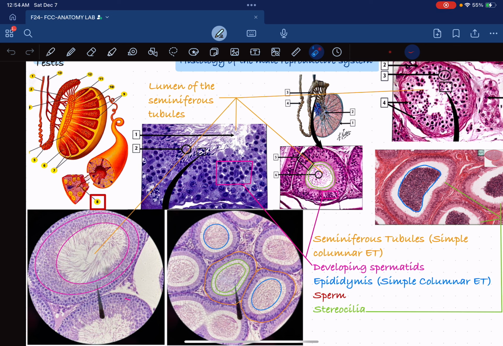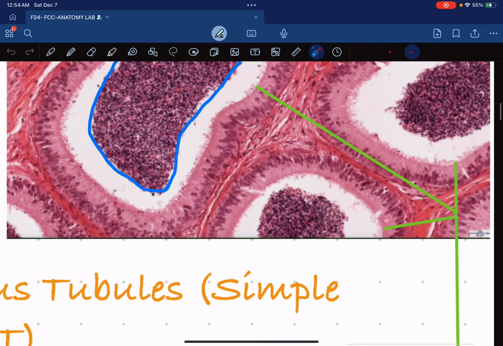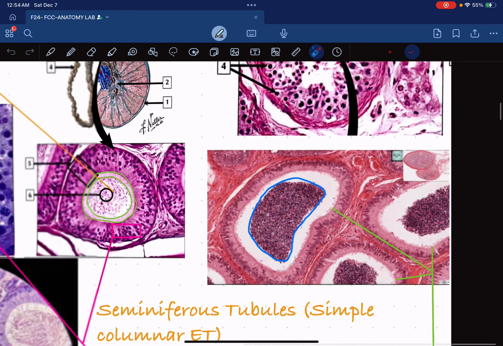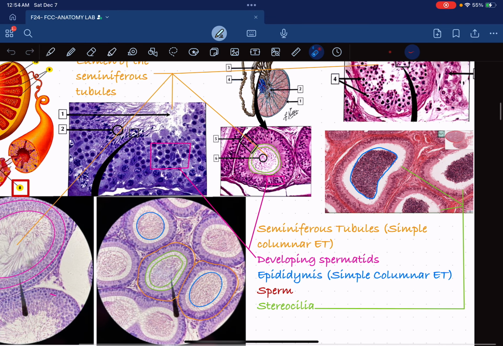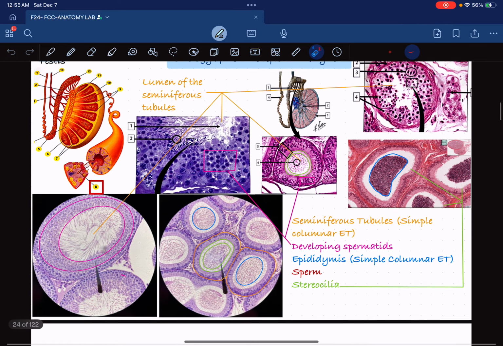The stereocilia increases the surface area to absorb the excess testicular fluid, and we can see that more clearly in this image, in this histology slide of this hair-like structure. The epididymis, located in blue, is located here, so in here. It's storage and maturation of the sperm, and that completes the testes.